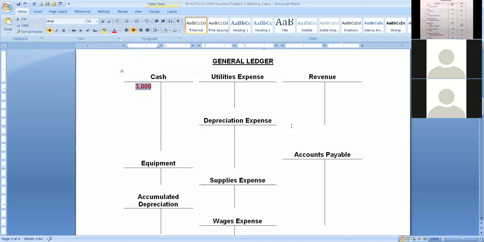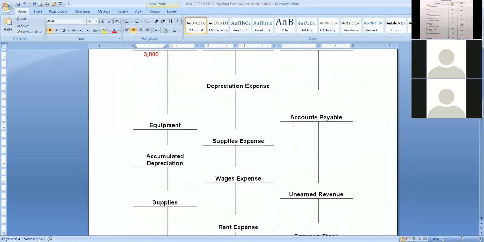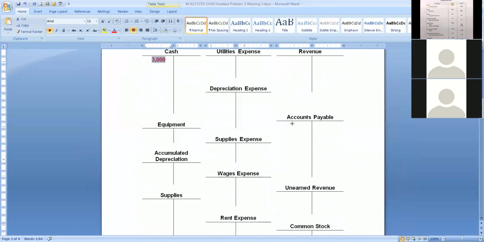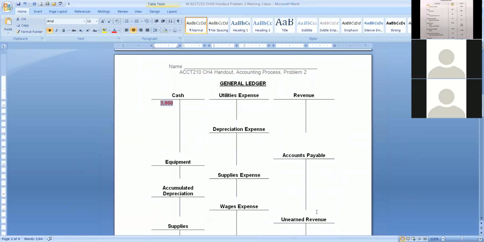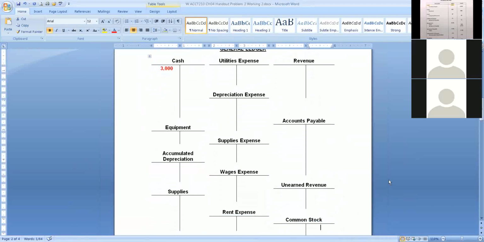And common stock, 3,000. So all we're doing is taking these and doing what we call posting.